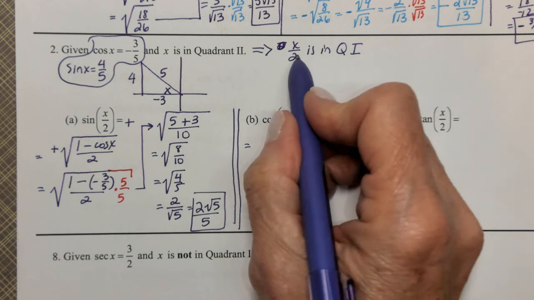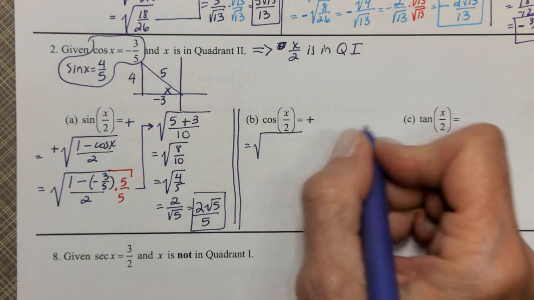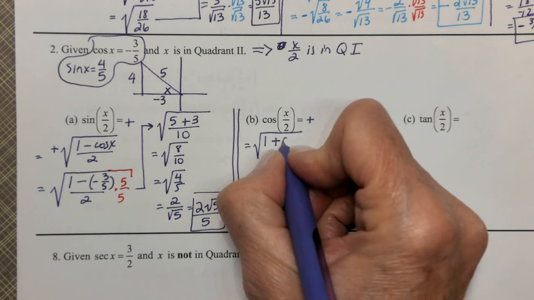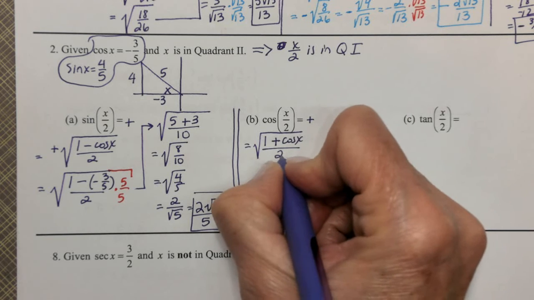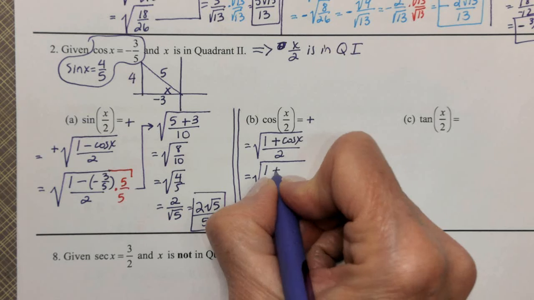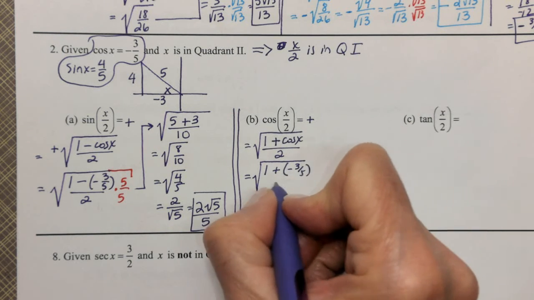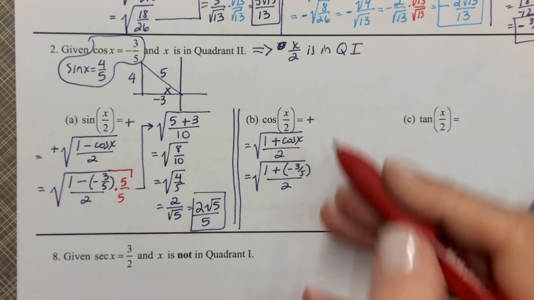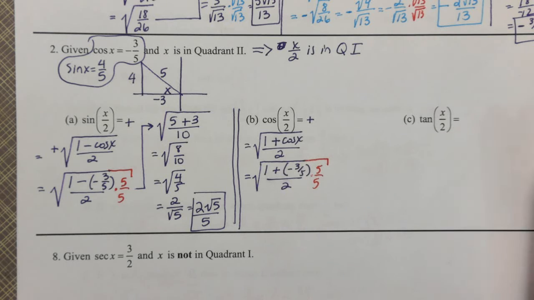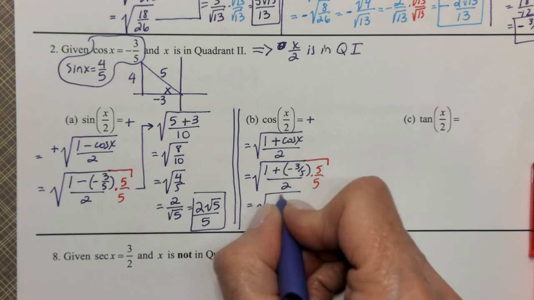Again, since x over 2 is in quadrant 1, we're using the positive of the formula. The formula says 1 plus cosine x all over 2 under that radical. Cosine x again is negative 3 over 5. Multiply top and bottom by 5, extending our square root. 5 times 1 is 5.